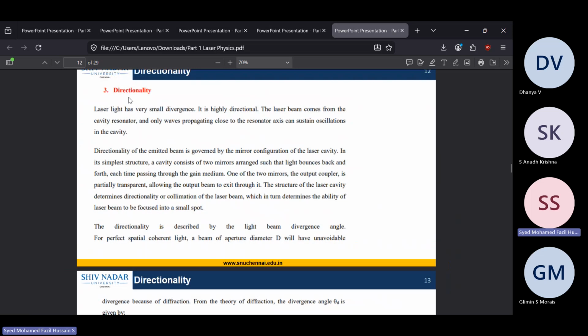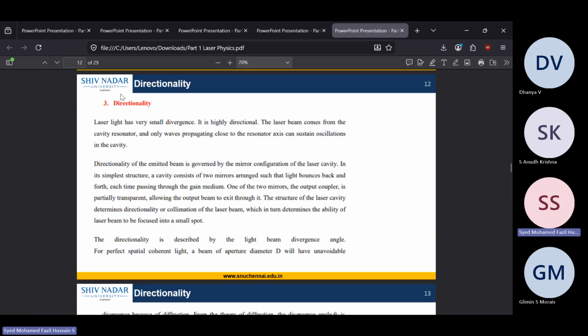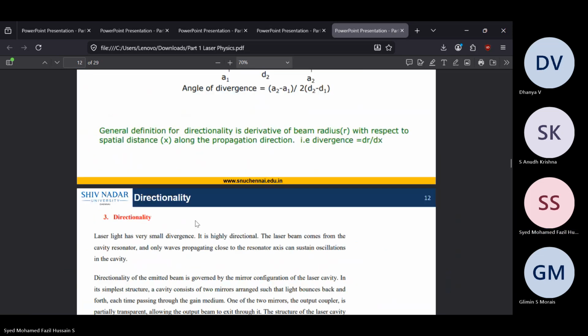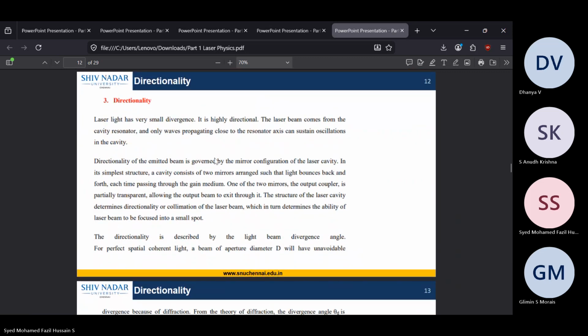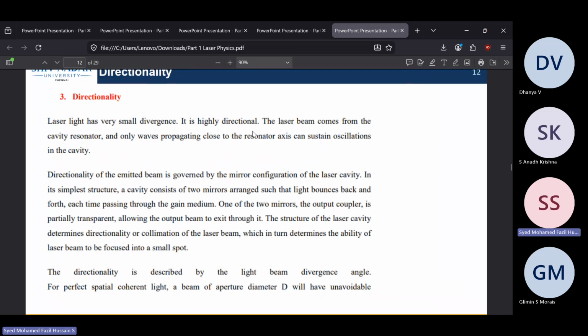This again says something about the directionality. Okay, that means due to the lasing action, the photons are emitted, right? Those photons are in a polarized manner.